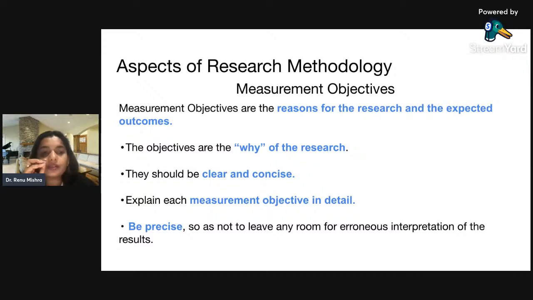The language should be very simple, because you do not want to assume anything in your results. You do not want to assume, so you know what to measure. You do not want to have assumptions towards the end of results.